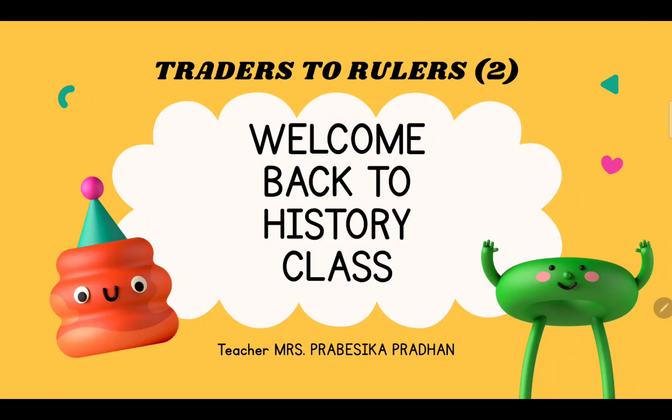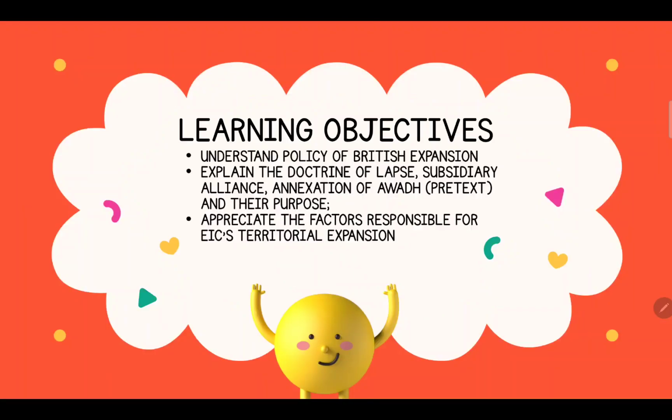So in part 2, we will learn about other major things that Britishers did in India. We will understand the policy of British expansion. What were the policies that were adopted by British to expand their own power?